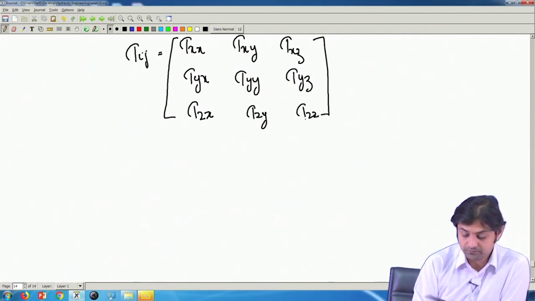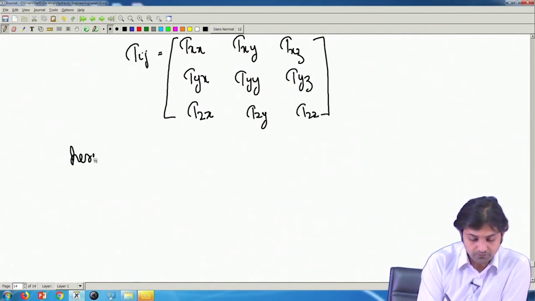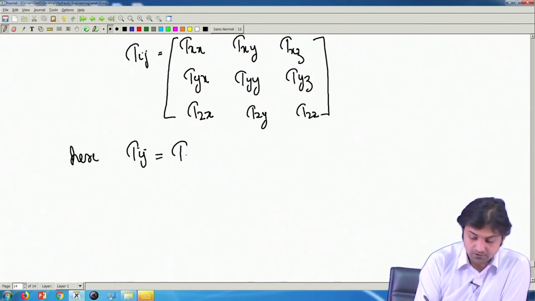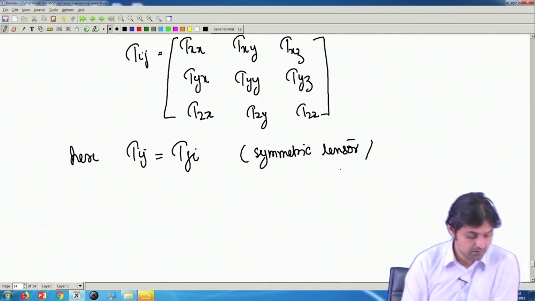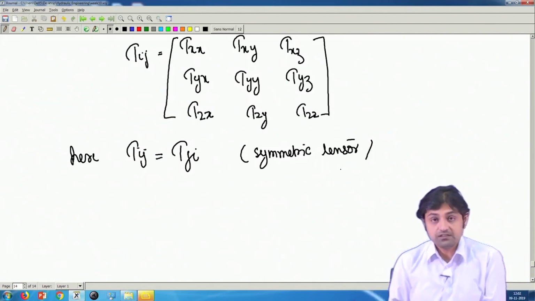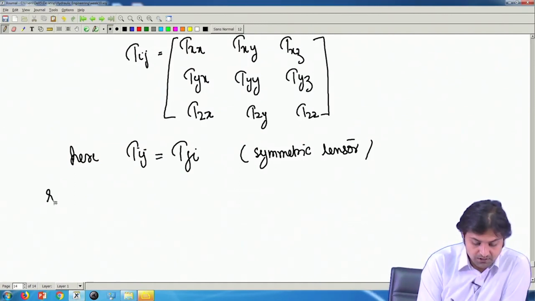So here tau ij is equal to tau ji. And what is the reason for symmetry?